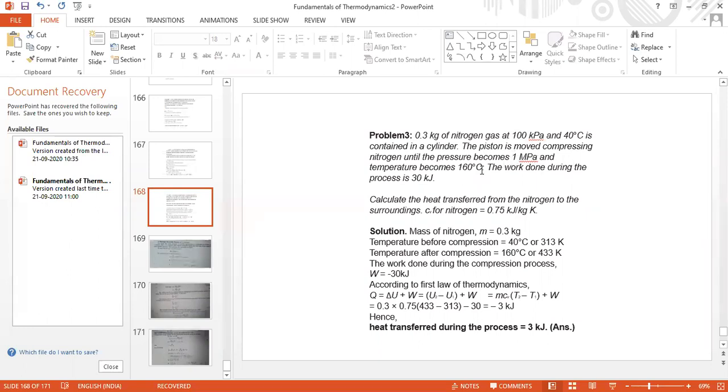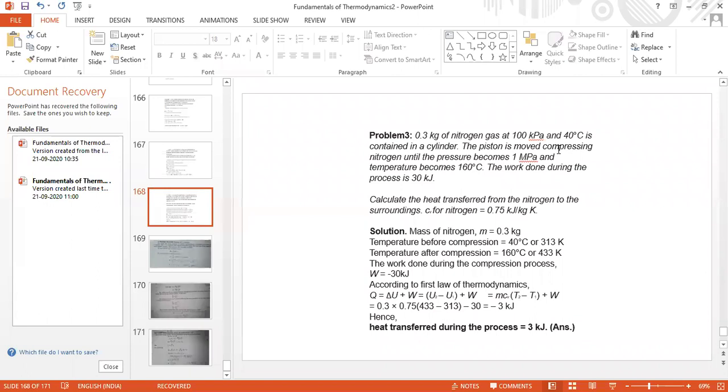What do you mean by mega? 10 power how much is called mega? 100 kilopascal. What do you mean by kilo? 10 power how much is called kilo? 10 cube is kilo, and mega means 10 power 6. At the starting itself we discussed units, but here we are recollecting.